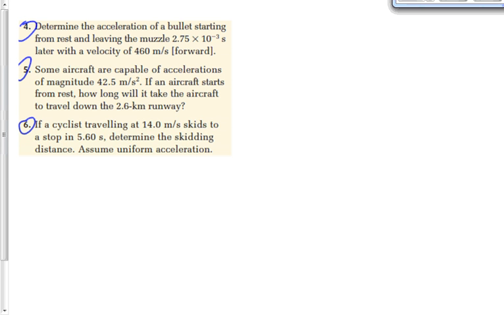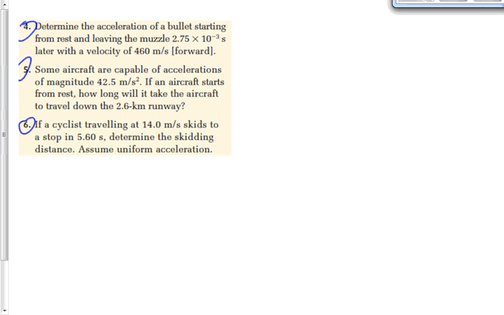It's speeding up from rest to 460 meters per second, about 1.5 times the speed of sound, in about 3/1000ths of a second. It accelerates pretty quickly. We want to find out what that rate of acceleration is. We're going to expect to get a really big number here because we've got it accelerating from rest to an incredibly high speed in an incredibly short period of time.